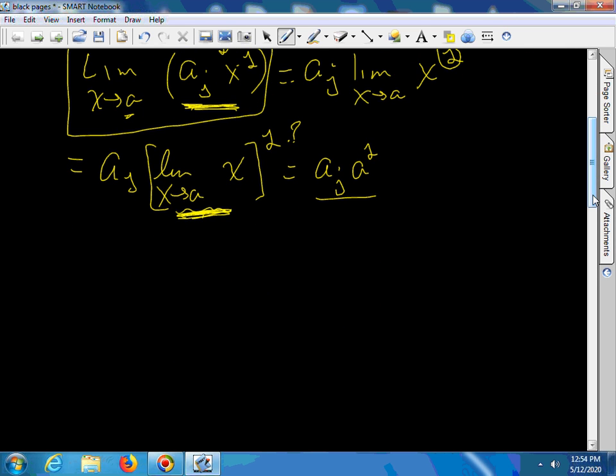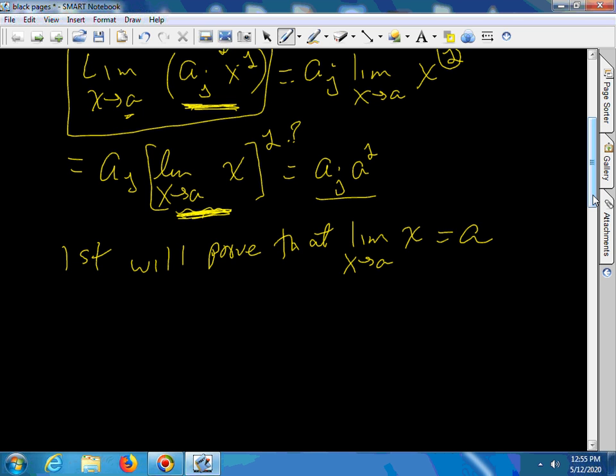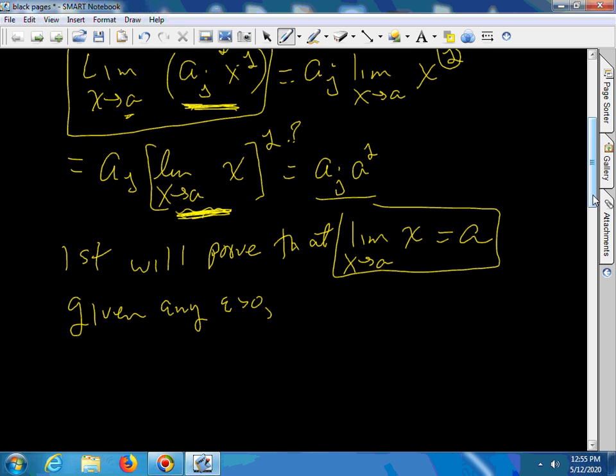Okay. So first, we'll prove that the limit as x goes to a of x is simply a. Well, given any epsilon greater than 0, since I don't know that this limit is true, I have to show that there exists a delta.